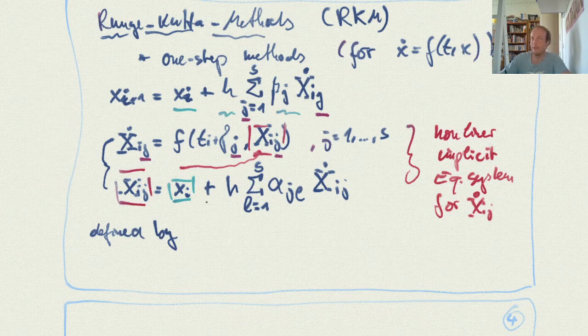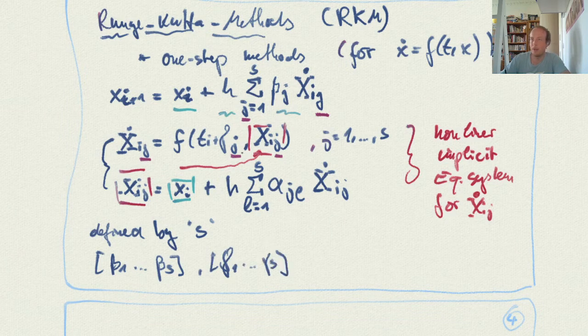And this method is basically defined by the beta_j, beta_1 to beta_s, by s, which is the stage, by the gammas, gamma_1 to gamma_s, these are these values here, and then the alpha_11 up to alpha_ss, alpha_1s, alpha_s1. So all this matrix.